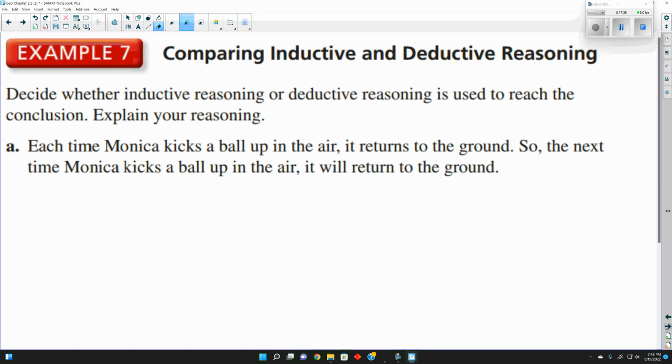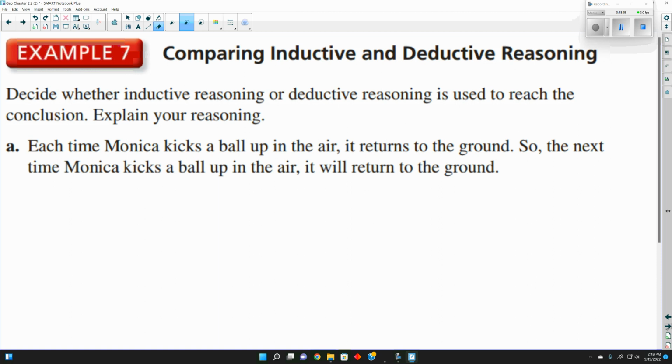Is this inductive or deductive reasoning? So what do we think, guys? Inductive or deductive? Deductive. So what fact are we using? The fact of gravity. Does that what that says? No. What does it say? It's a pattern. Because every time Monica kicks the ball up in the air, it returns to the ground. So the next time Monica kicks the ball up in the air, it will return to the ground. Is this using a fact? No. What is she making her assumption on?